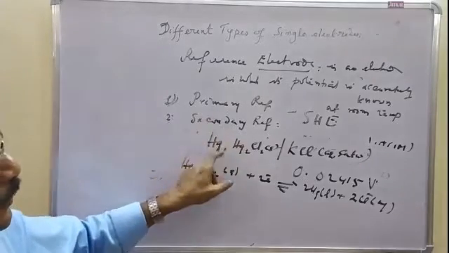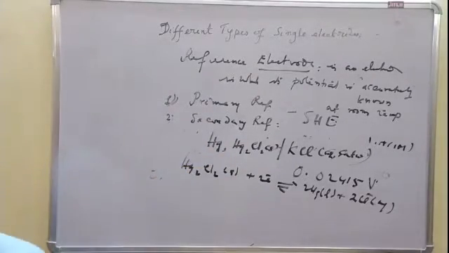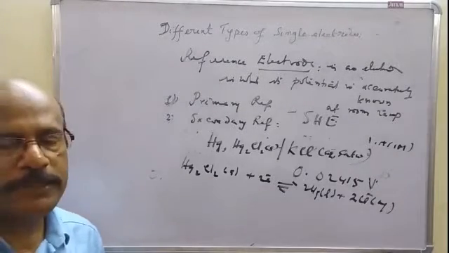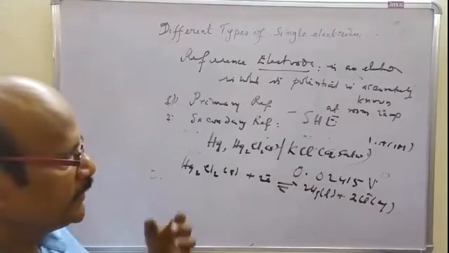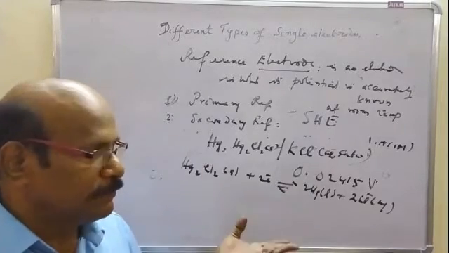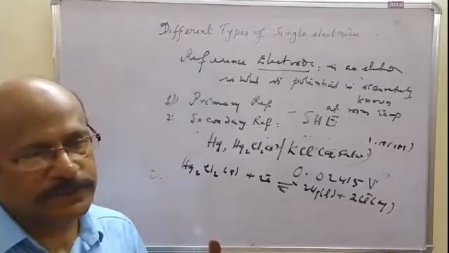So you listen to this. What is a calomel electrode? A calomel electrode is a secondary reference electrode. Depending on the concentration of KCl solution, it has a potential, 0.1 molar or saturated solution.